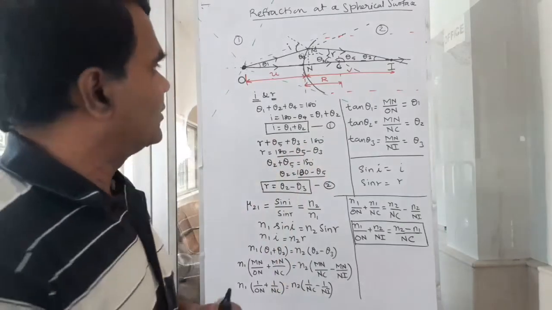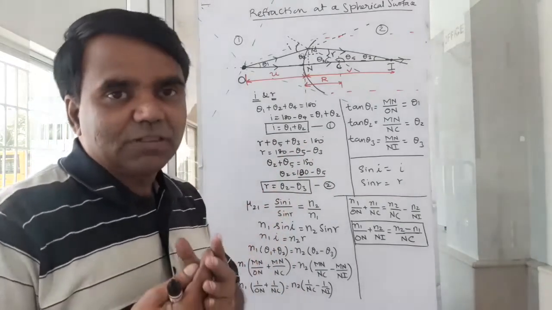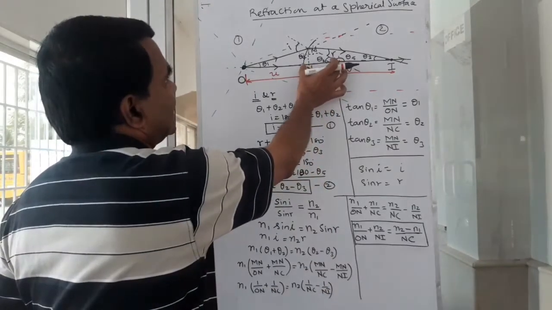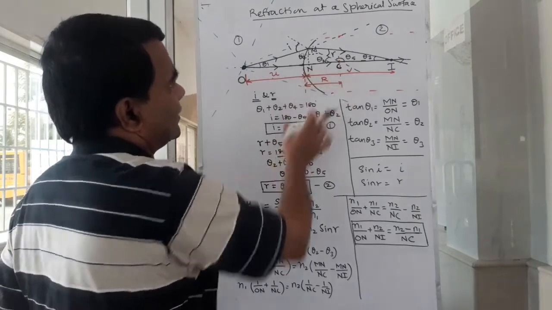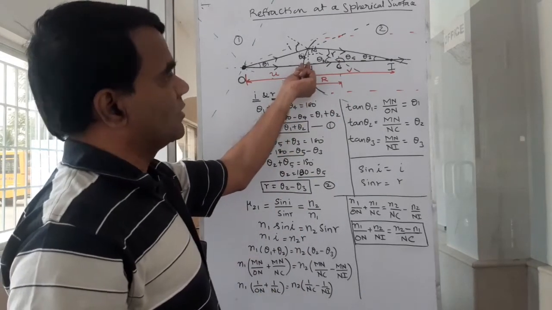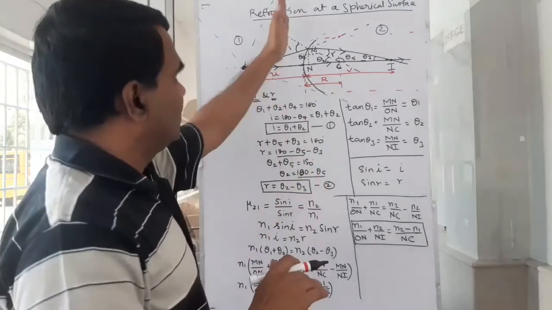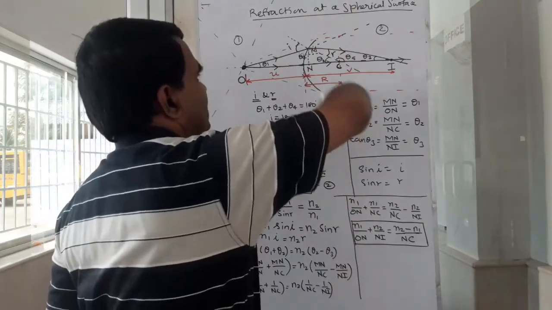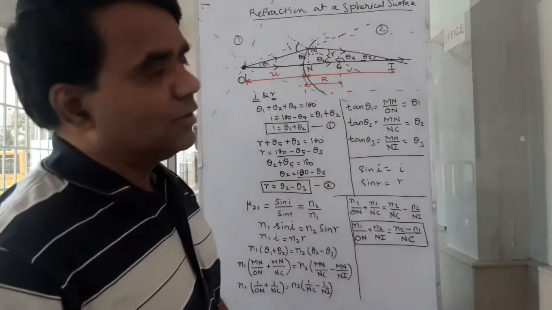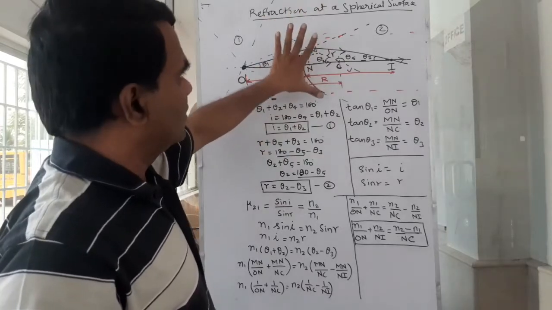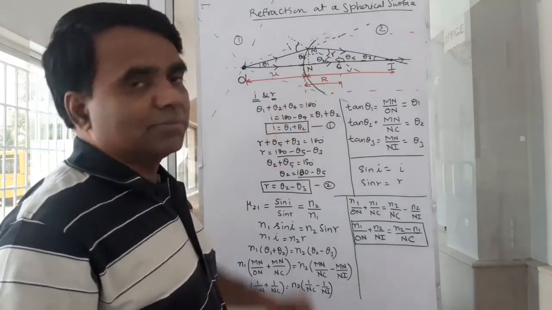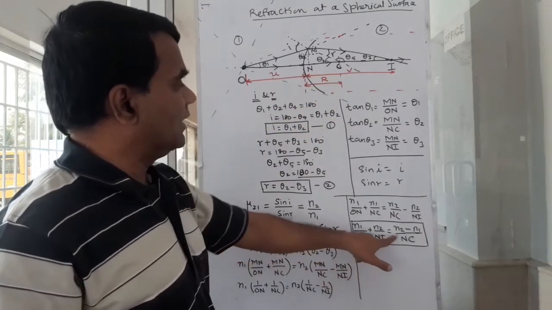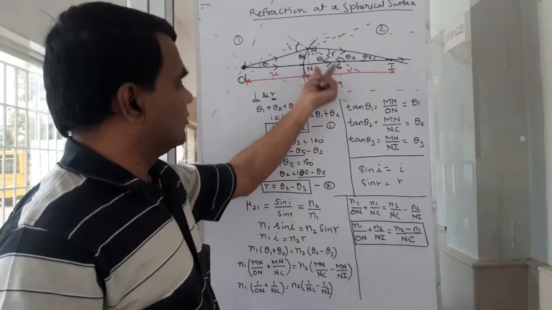The approximation is very accurate actually. And NC can be taken as R, because I can ignore this small distance. If the radius is too big and the curvature is too small, then I can ignore this, which I'm trying to say.